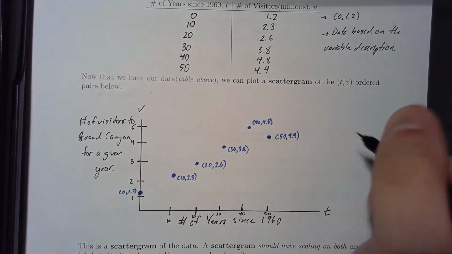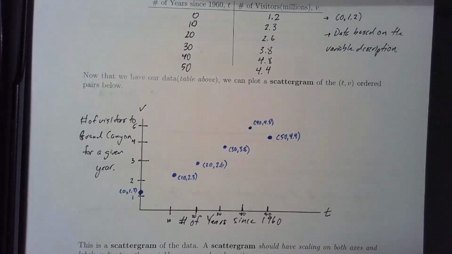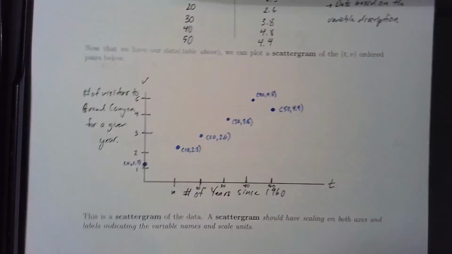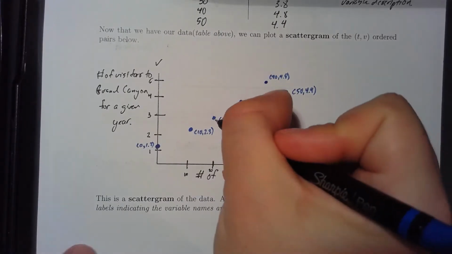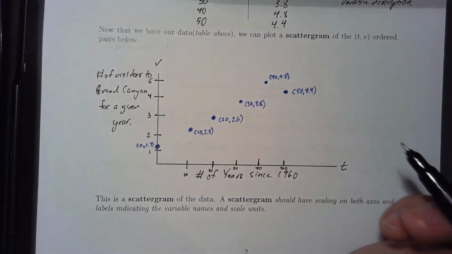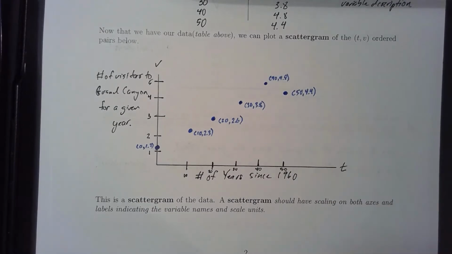So this is a rough scatter plot of our data, drawn by hand. Nothing too fancy, it's easy enough. While this is certainly acceptable, whenever you draw something by hand, it's not always accurate.